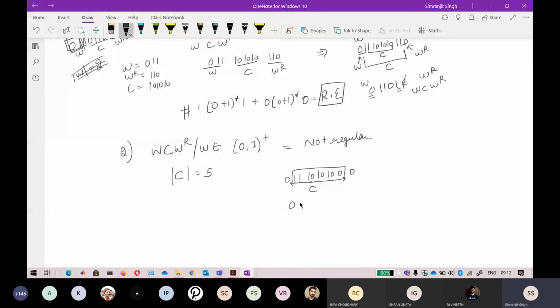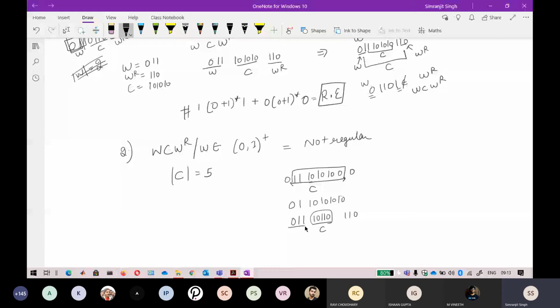Now why does it become a different scenario? Suppose a string like 1010101 11, and again 0 1 1, now 1 1 0, so 1 0 1 1 0. Now I say the length of your C is 5: 1 2 3 4 5. This length cannot go beyond that.